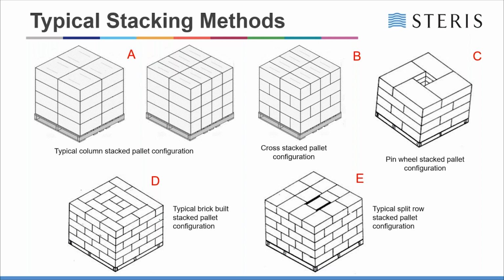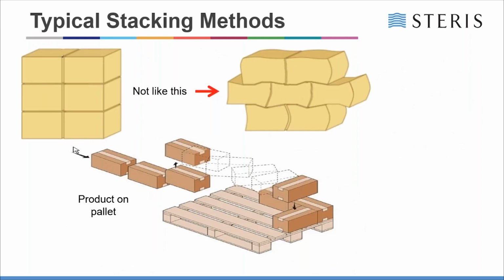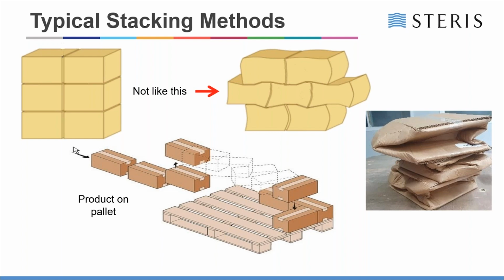If you don't have that, you can reduce the load bearing capability of the shipper boxes by up to 50%. The disadvantage of the column stack is that it's not as stable as the other methods. But if you're wrapping that product in packing film or stretch wrap, that's not going to make much of a difference anyway, because you're adding stability to the actual pallet itself.